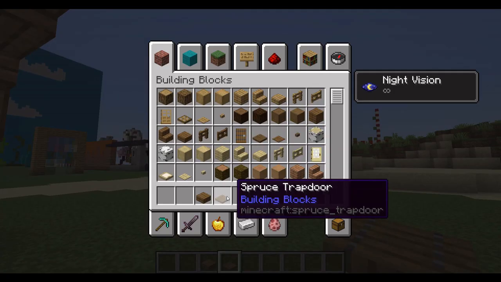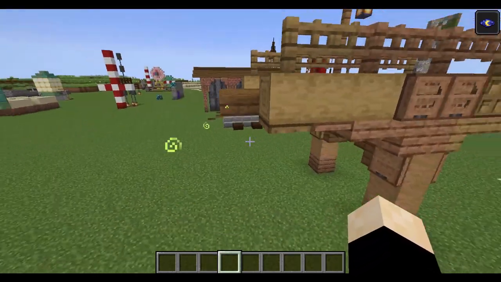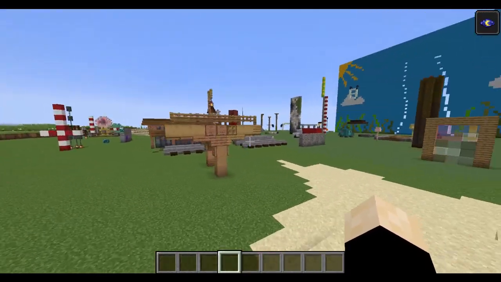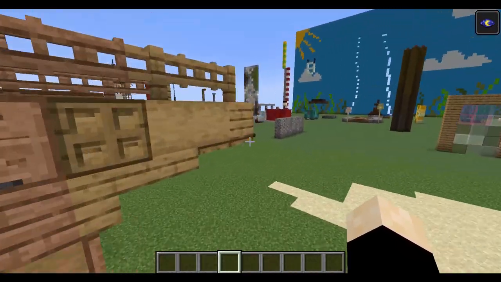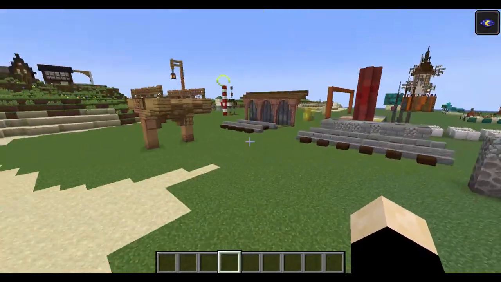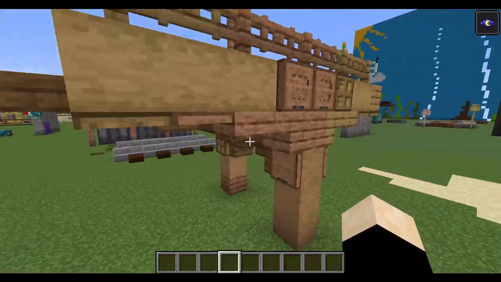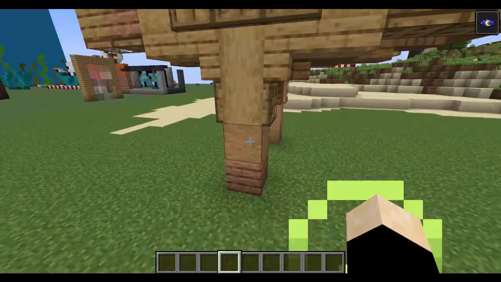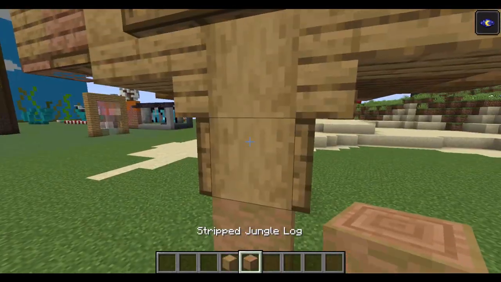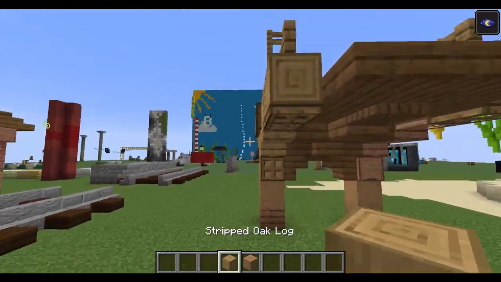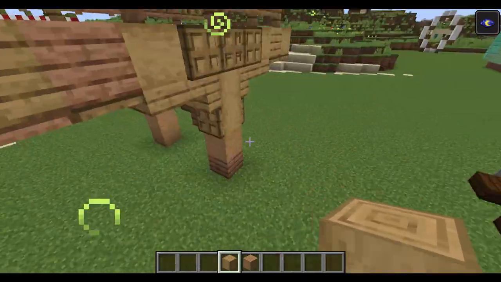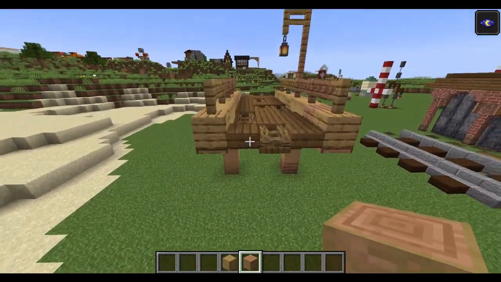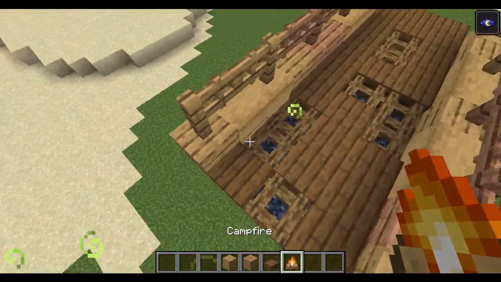Okay, in the test world now, I have gone like this. You design a segment. You design one piece that you can copy and paste over and over and over again. So I first went with 2 matching colors, these two, the jungle and the oak, for the outer shell, and then for the inner part I'm going with spruce and campfires.